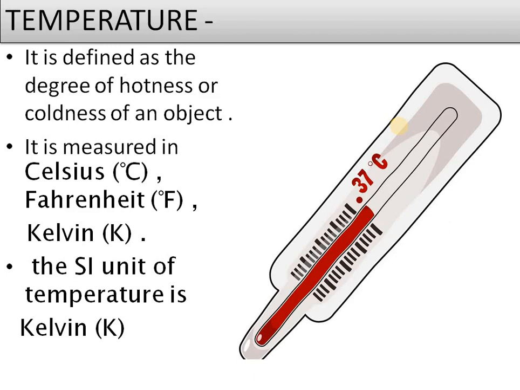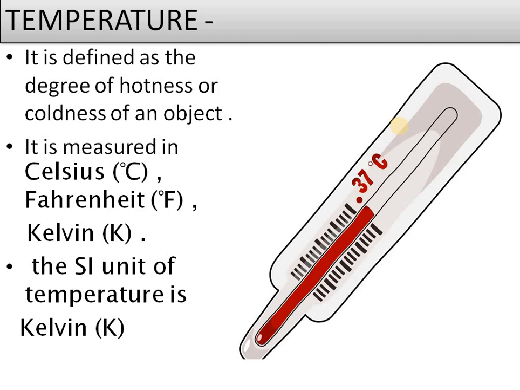One question must strike your head: when these devices are not made, when the thermometer is not in the picture, people can judge with their hand that this thing is hot and this thing is cold. If you are suffering from fever and someone puts a hand on your body, they find it hot.